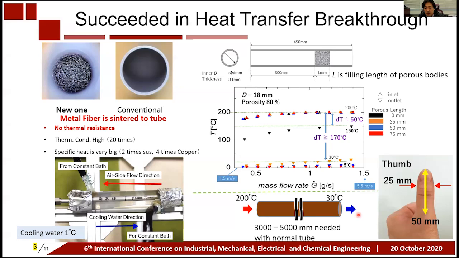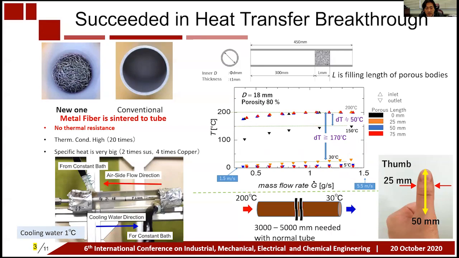So the 450 millimeter heat transfer normal tube comes out at 105 degrees Celsius, but the only 25 millimeter filling tube comes out at 30 degrees, and the 50 millimeter filling tube comes out at 5 degrees Celsius, almost the cooling water temperature.